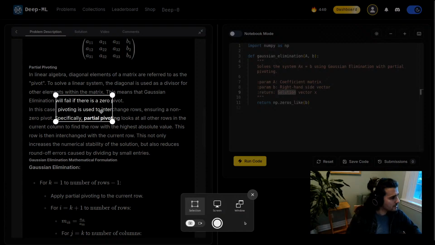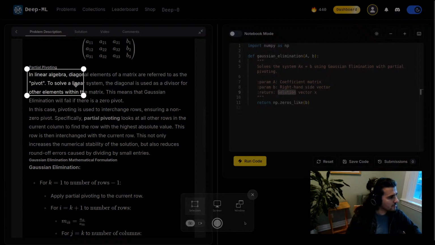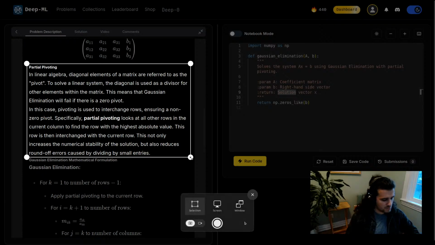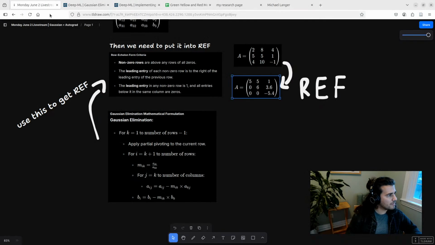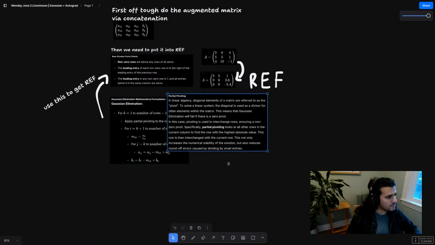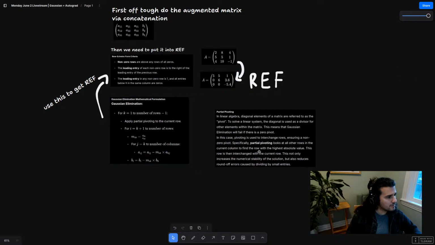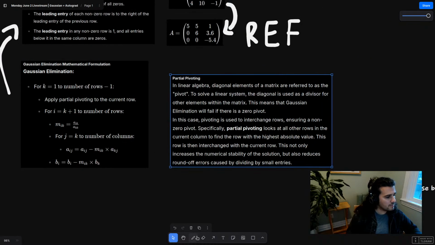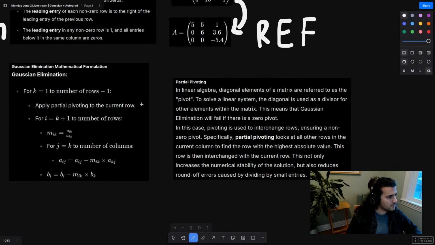Okay, cool. Partial pivoting. Wow, it's starting to look like the other algorithm that I've implemented. So here, we're gonna have to have a mini little algorithm to do that, which is gonna scan the rows in this given column.